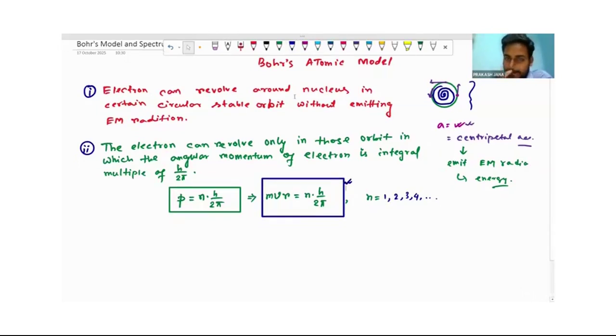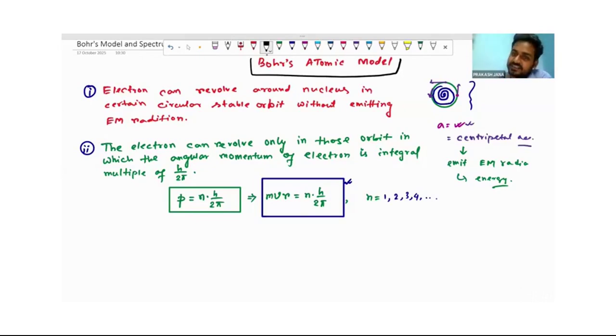Yes, as we know we get to see the spectrum of the hydrogen atom, so definitely those electrons emit electromagnetic radiation. But when will they emit this electromagnetic radiation? When an electron is revolving around the nucleus on a circular path or orbit, it is not emitting any electromagnetic radiation.